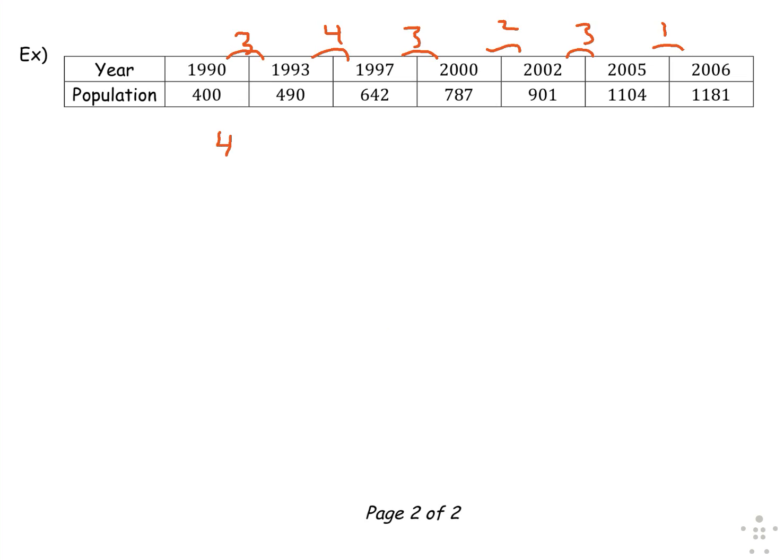We have the second one, 490, over the first one, 400, giving approximately the ratio of 1.23. Again, 642 over 490. Remember, I'm asking, what do I do to multiply to get from one term to the next? So that's why I am dividing the second term by the first one, to undo that multiplication, to reveal what it was, if it was in fact exponential.